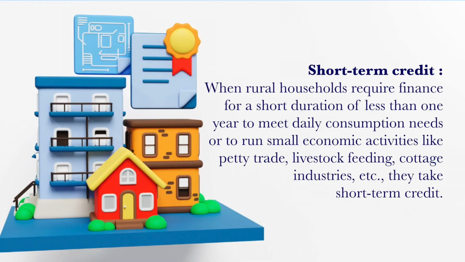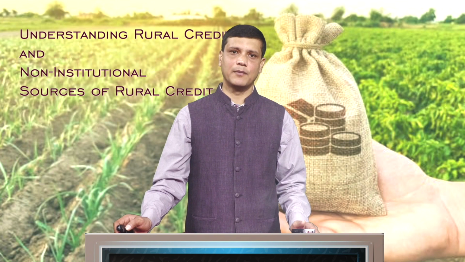When rural households require finance for a short duration of less than 1 year to meet daily consumption needs or to run small economic activities like petty trade, livestock feeding, cottage industries, etc., they take short-term credit. This type of loan is often repaid after receiving income from sale proceeds or wages.